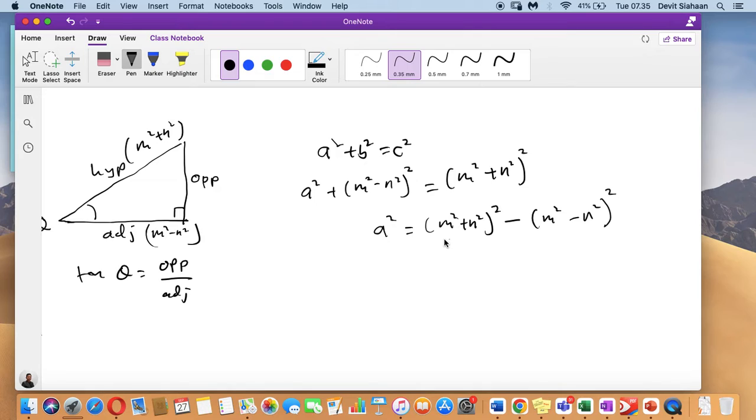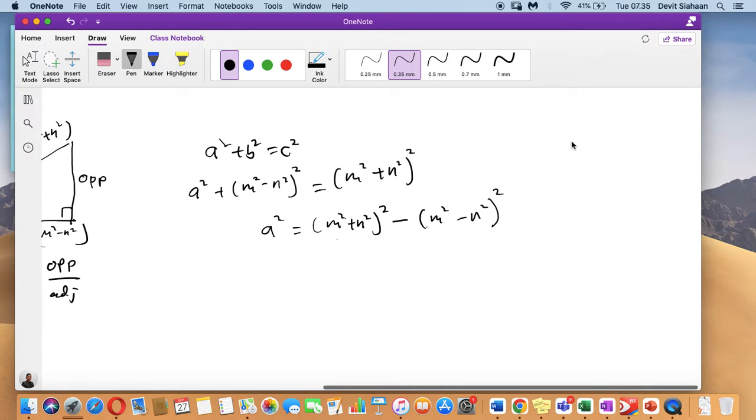We assume this one is a square, and this one is b. If you're confused with the other a or b, we can use p and q. In algebraic identities, if you have p square minus q square, it can be factorized as p minus q times p plus q. So we assume this one is p, this one is q.